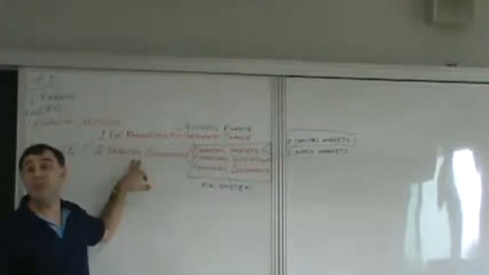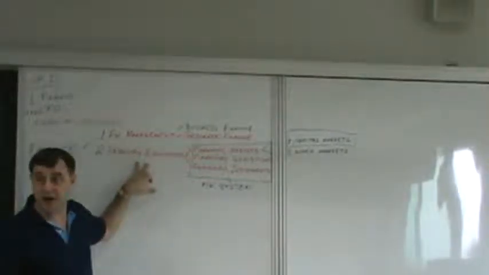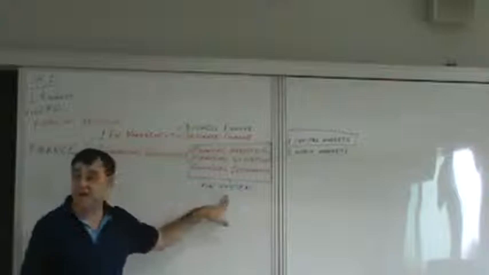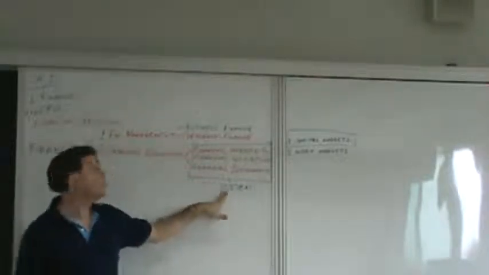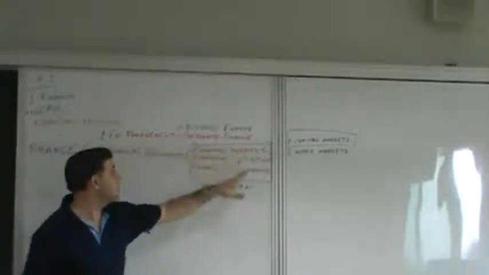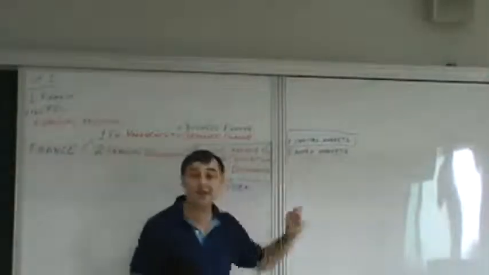So the correct answer is, the second important field is financial economics, which studies the financial system, whose elements are markets, institutions, and instruments. And markets themselves are divided into capital markets and money markets. And that's number 2.